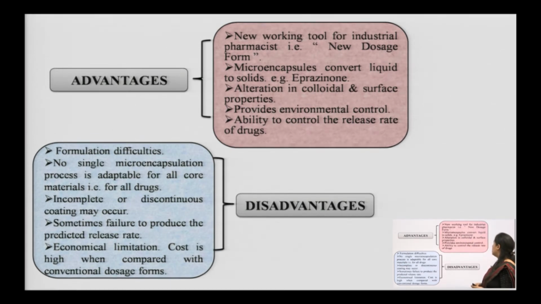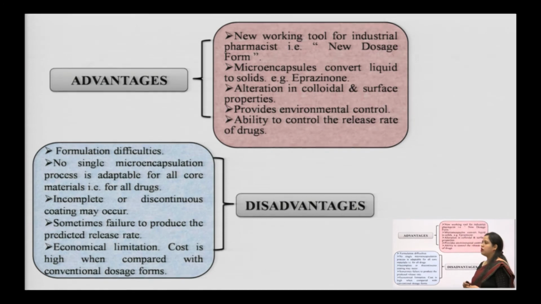Alteration in colloidal and surface properties. Yes, the surface properties of the drug are altered, because it is encapsulated in the polymer shell, and the polymer layer is the outer layer of the microcapsules, and the surface properties have been modified while administering into the body.